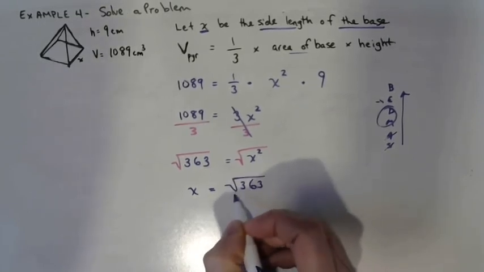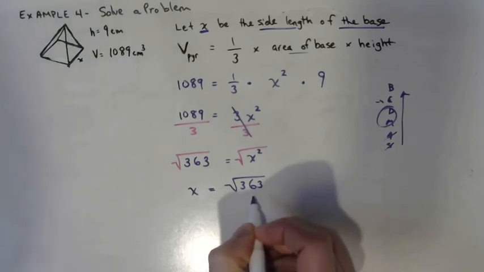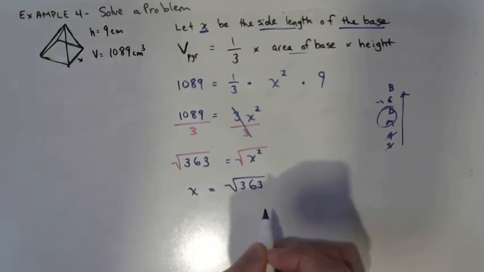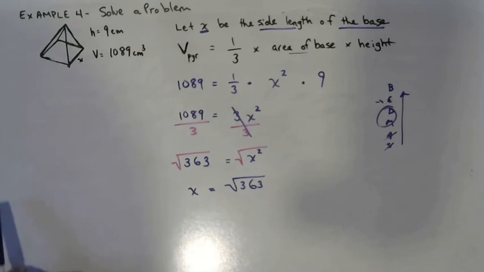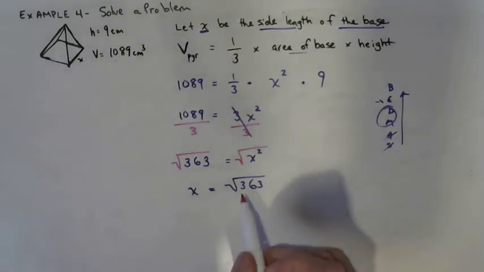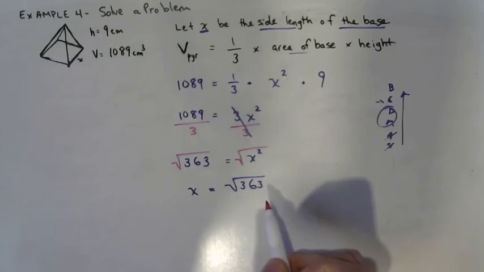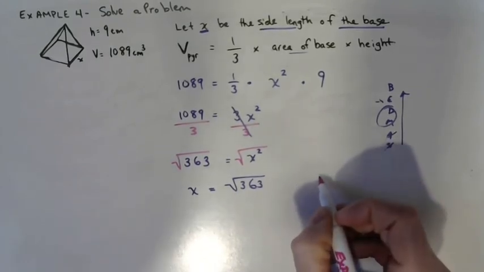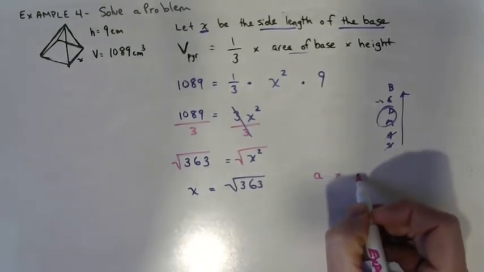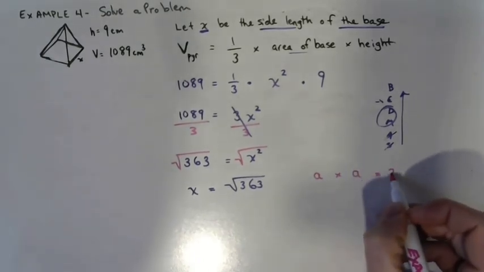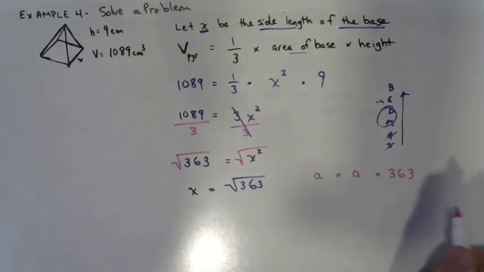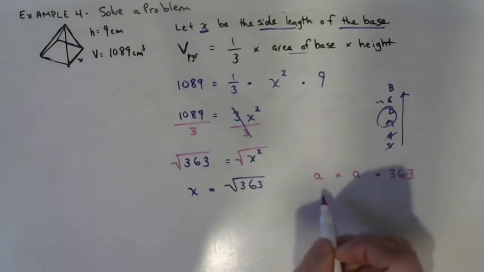Again, if I take the square root of 363 in my calculator, I'm going to get a decimal. Another thing to note here is that the square root of a positive value could be positive or negative. There is a number, a, that if I multiply it by itself, it equals 363. This might be a decimal or irrational number, it doesn't matter.